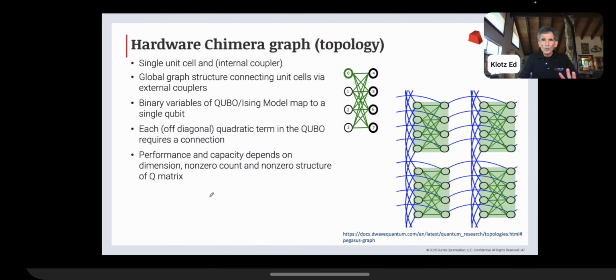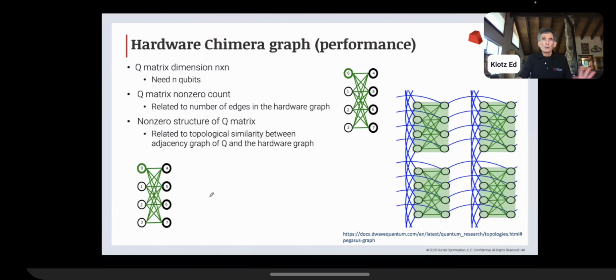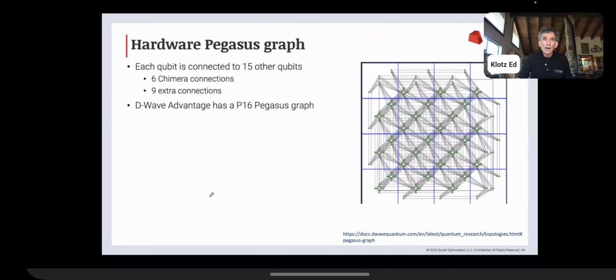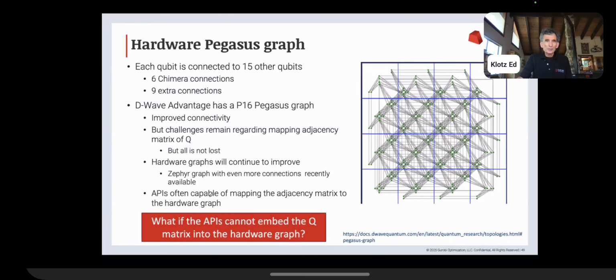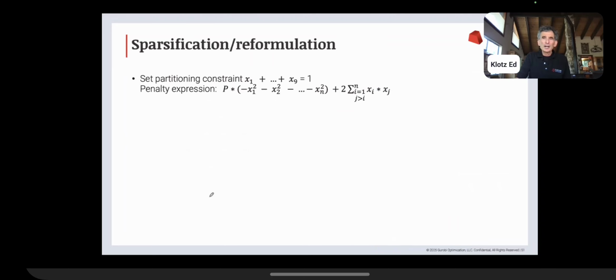But anyway, the point is that there's a fair bit of work, and we'll go into it after the hour's over, in terms of how I embed my Q matrix sparsity structure into these different graph structures, and what I do if by default I don't have enough connections to handle it.